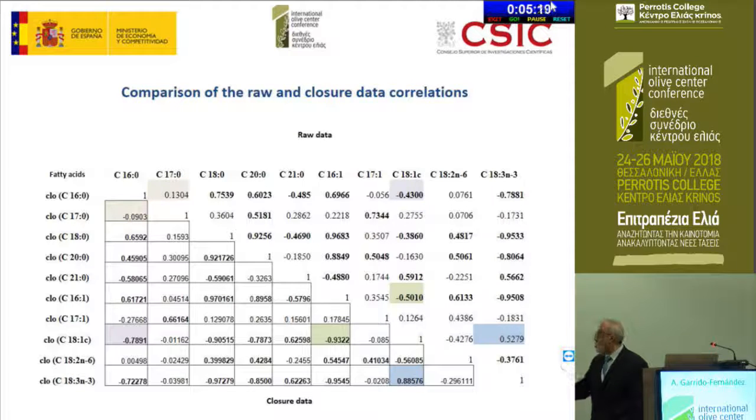In the case of raw data, the correlation is about 0.5, and in the case of closed data, the compositional data, it is about 0.9. The correlation matrix is completely different. Then if we base our studies on these matrices, we are probably going to reach different results. That is obvious.